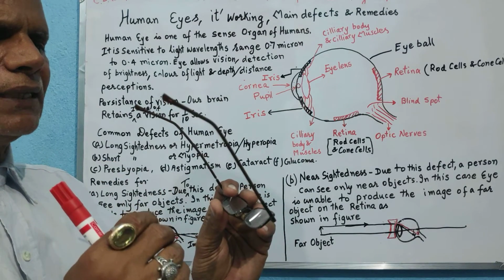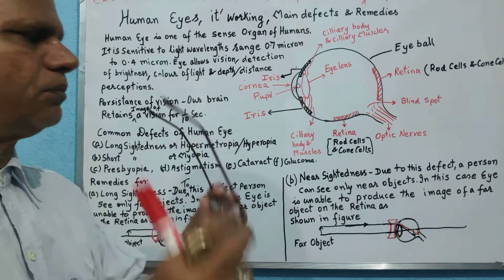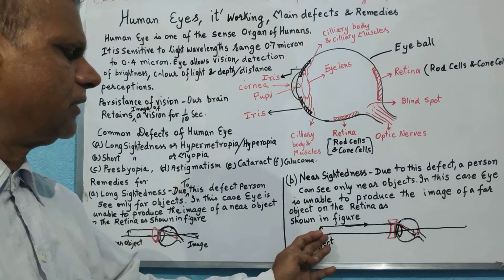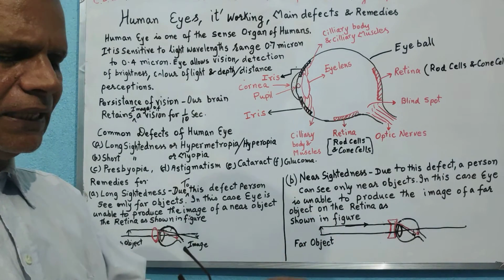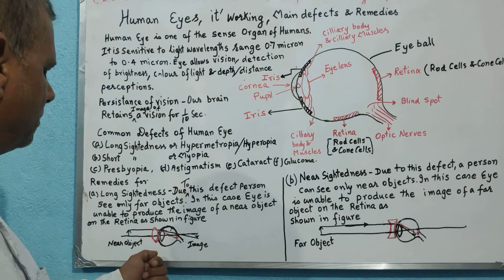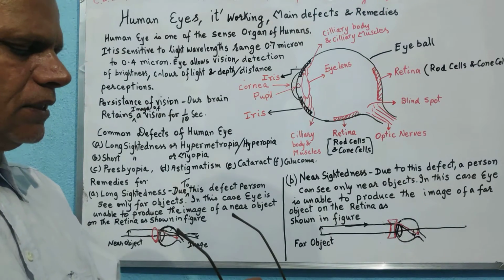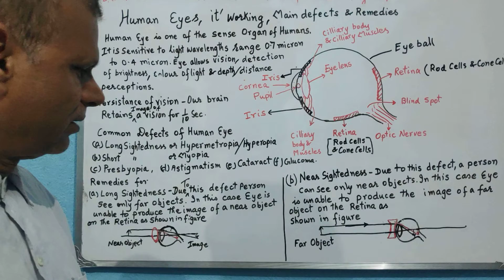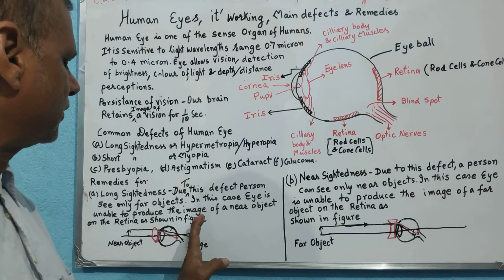The upper part is used to see the distant objects, for short-sightedness, so you have a concave nature of the glass in the upper part. To see the near objects, especially for reading, the convex lens is placed in the lower part of the spectacles.